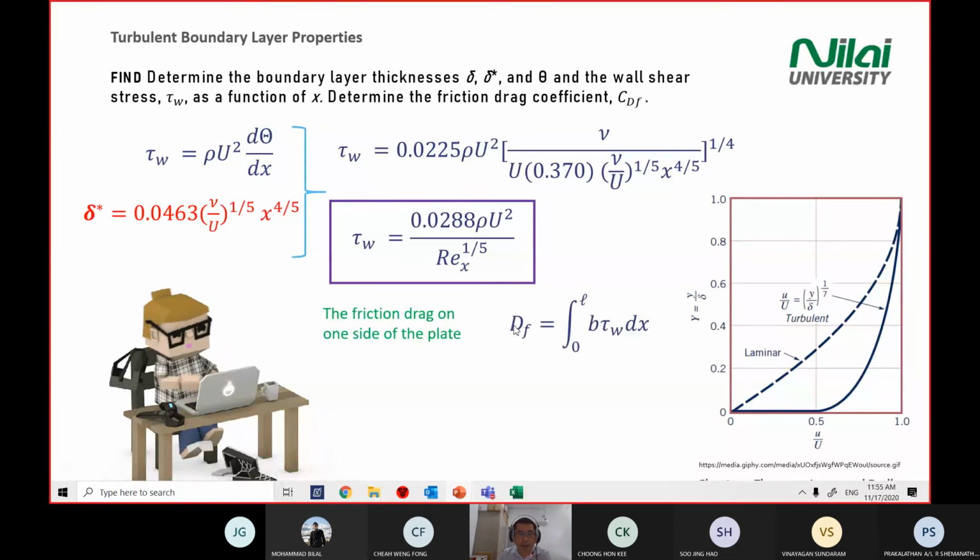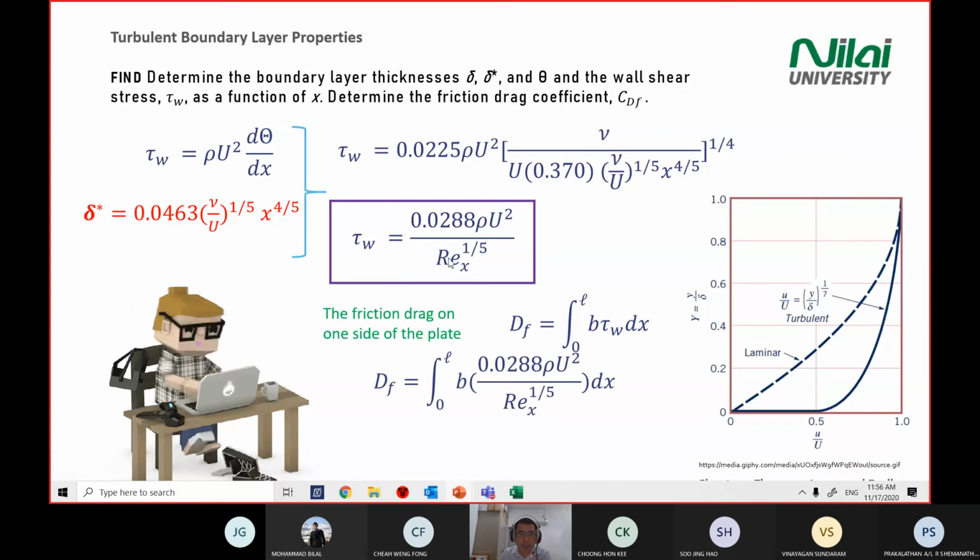And for the drag, we just call out what is the drag from one side of the plate. We already saw this equation just now: drag equal to the integration from 0 to the length that we are interested in, of the shear stress dS. You substitute this equation inside here, you get your drag.